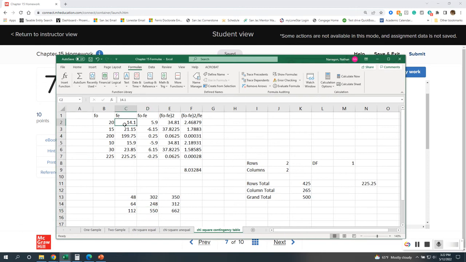Okay. So, again, we're going to take 48. 48 is our first one. The row total for the 48 is 350. The column total is 112.